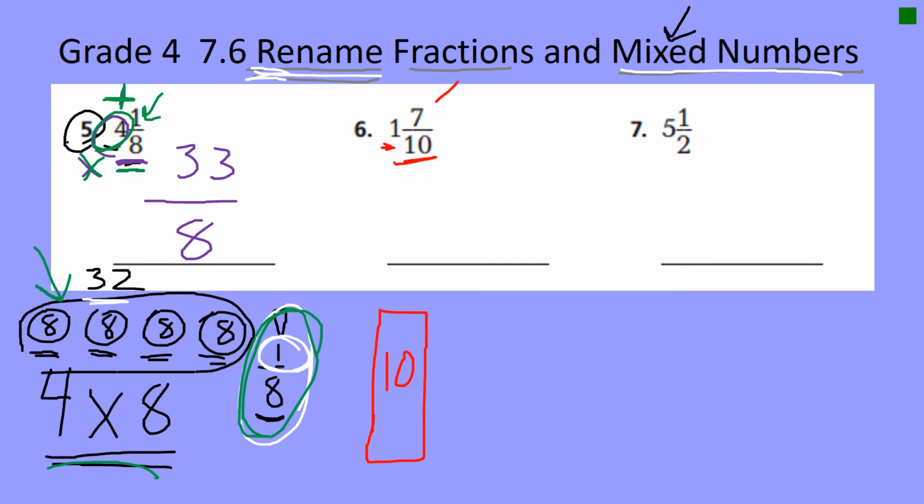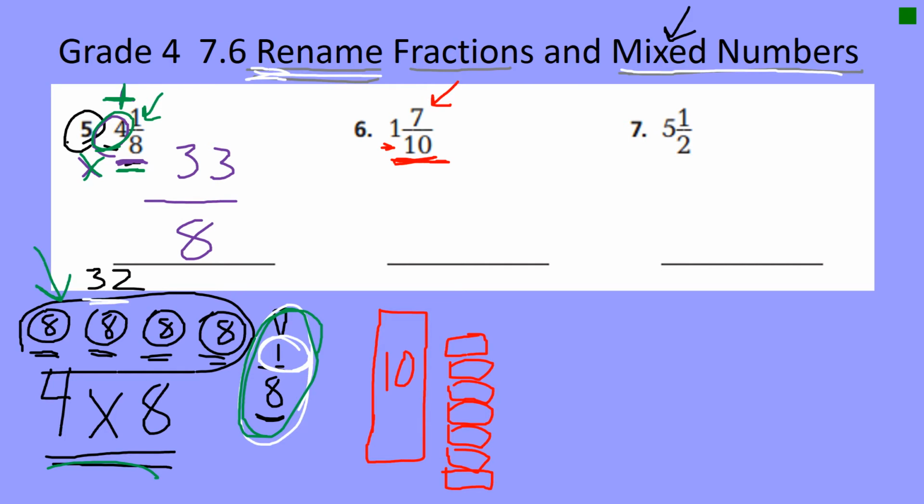And then, of course, we have 7 little random pieces of candy bar. 1, 2, 3, 4, 5, 6, 7.